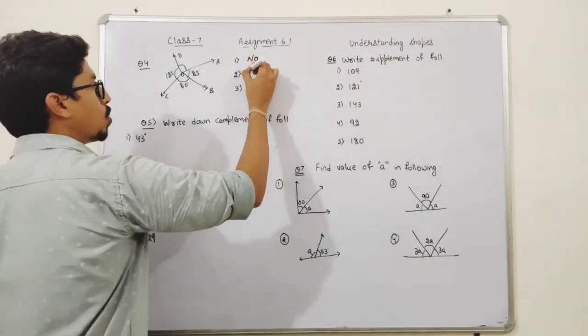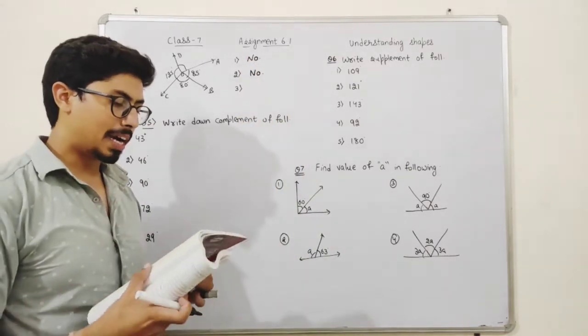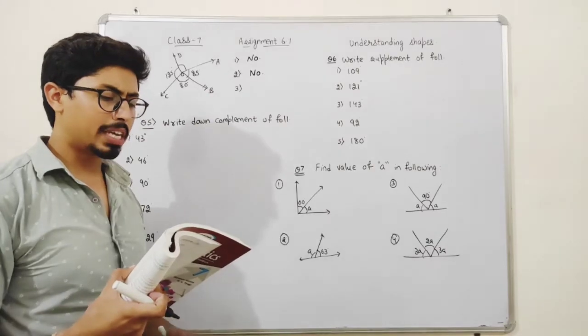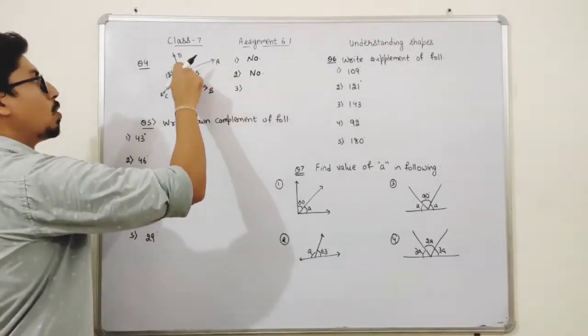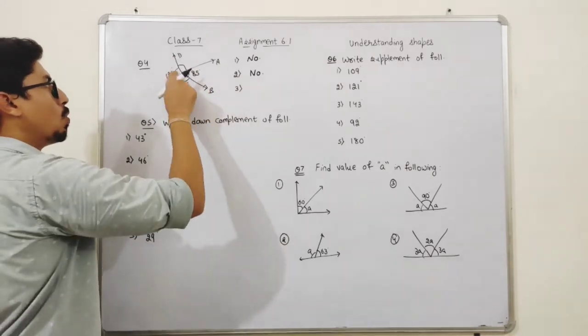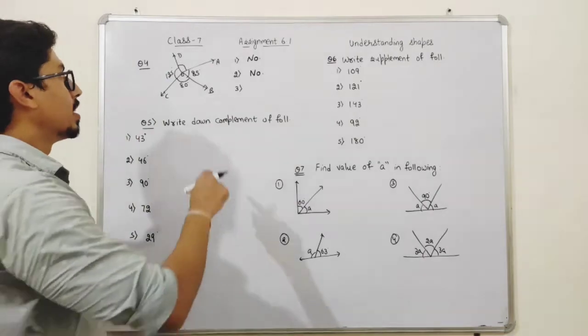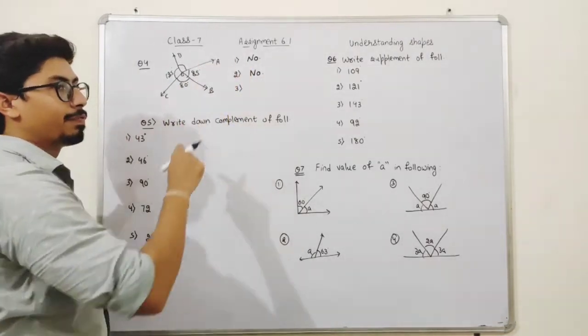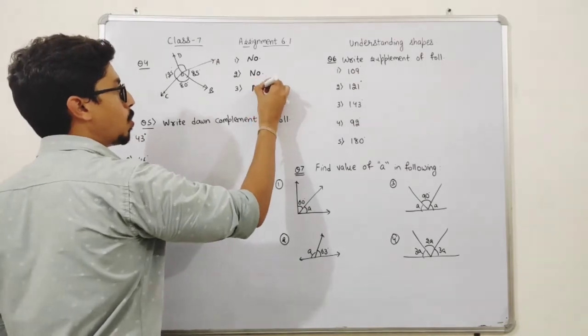So the answer is no. Similarly, in the third part, do angles AOD and DOC form a linear pair? No, students, this is not a straight line, and for a linear pair the line should be straight. So the answer is no.